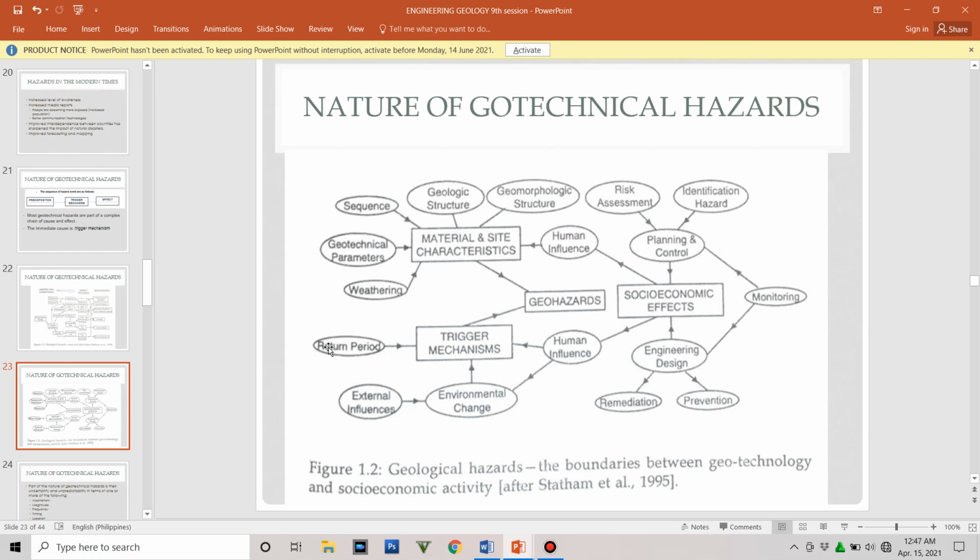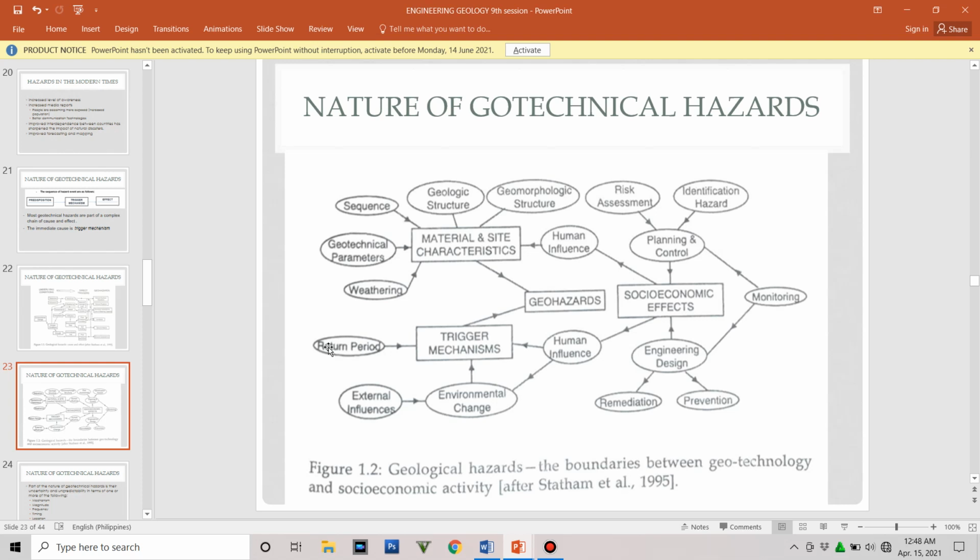So, we also have here framework wherein the boundaries between geotechnical technology and socio-economic activity. So, in reality, it is difficult and sometimes impossible to draw clear distinctions, particularly when disasters are viewed over a longer period.